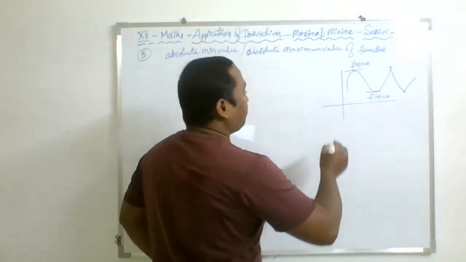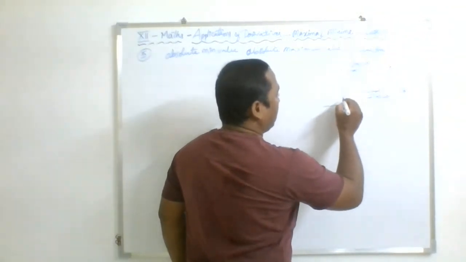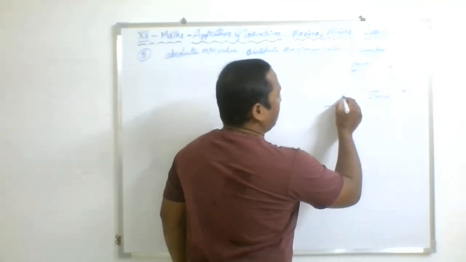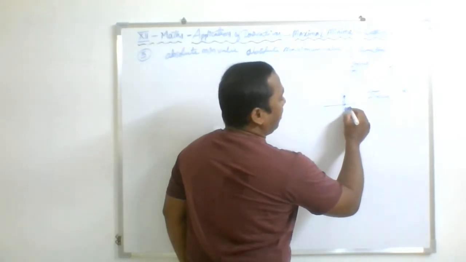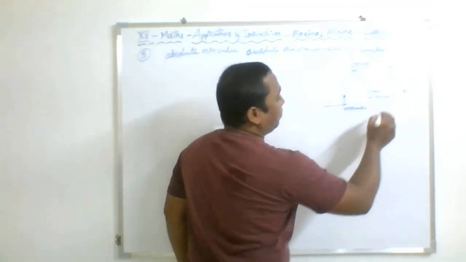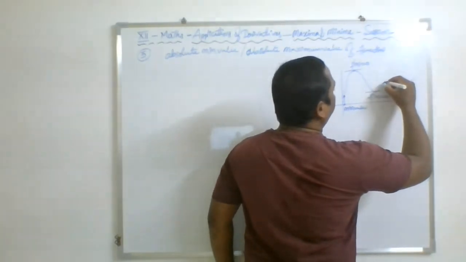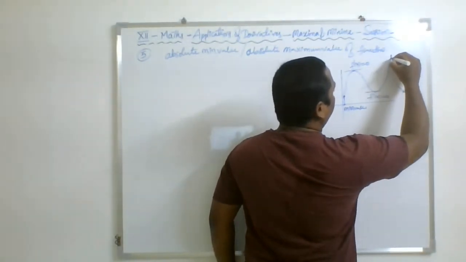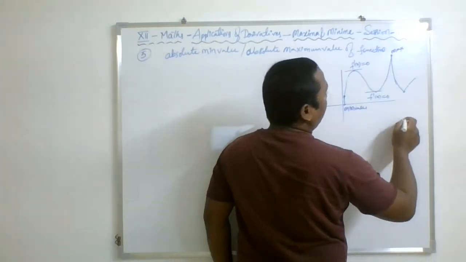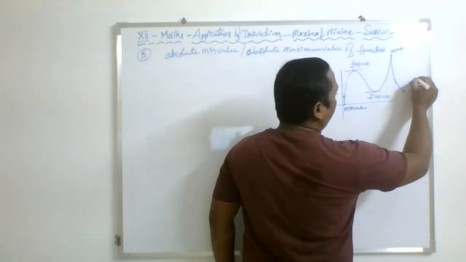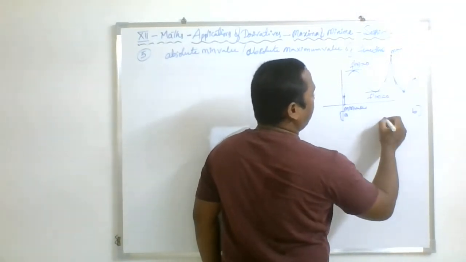You can see, let us say I am taking the graph here. So this is the lowest point where the graph may attain the minimum value, and at this point it attains the maximum value of the graph. This is what the end points within the closed interval I am talking about.